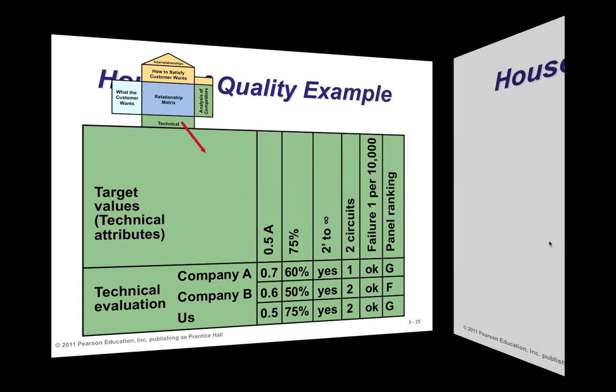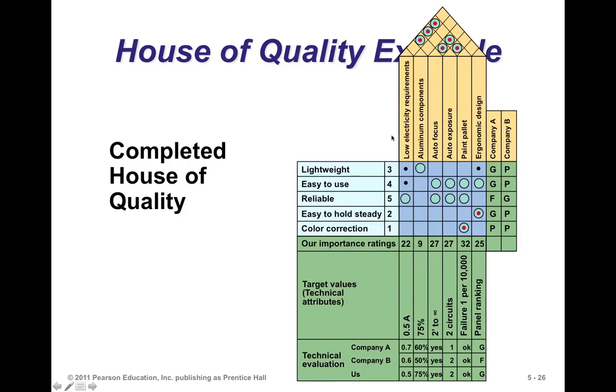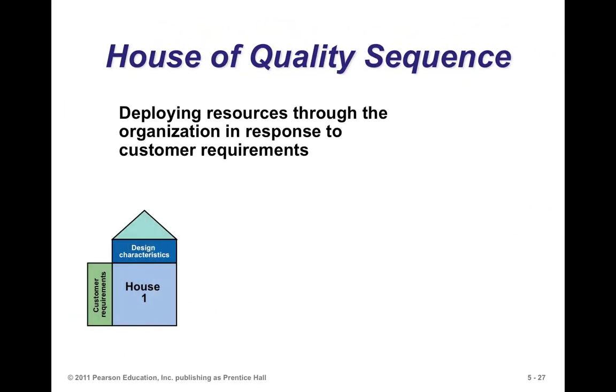And then all that information is then put together in a single completed house of quality, as you can see. And that is now used by the design team to go forward. So it's really just a visual representation of a redesign or the design of a new product. Okay.